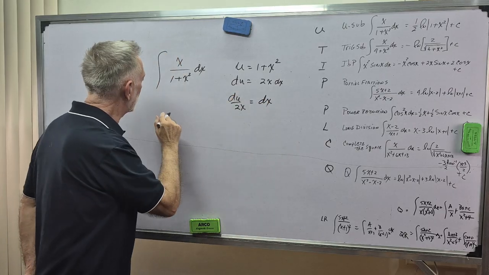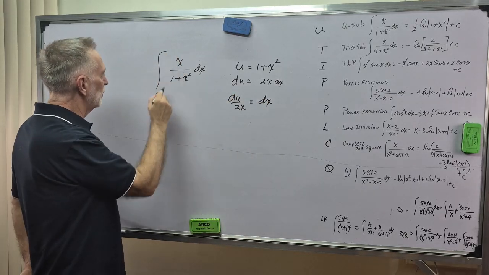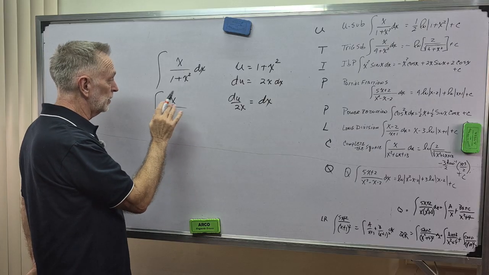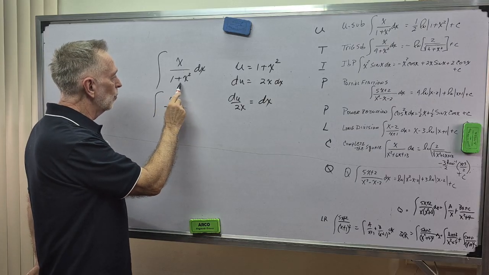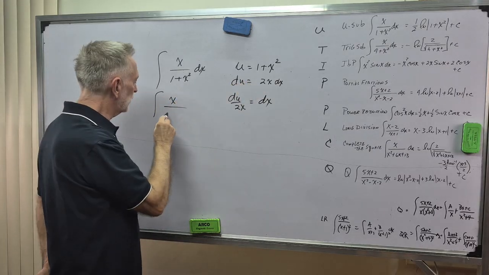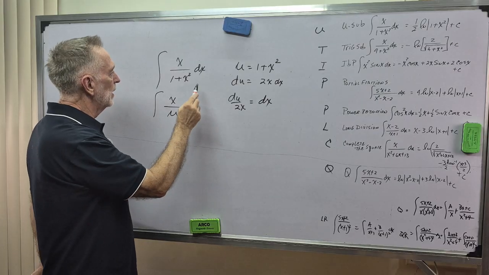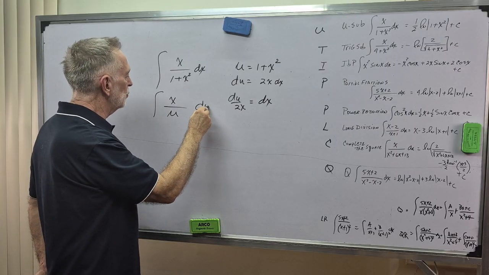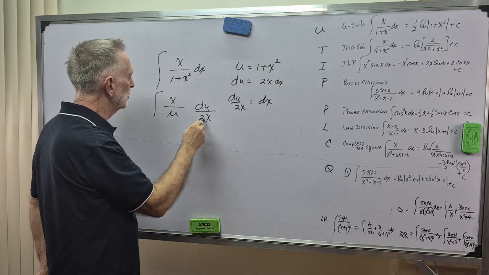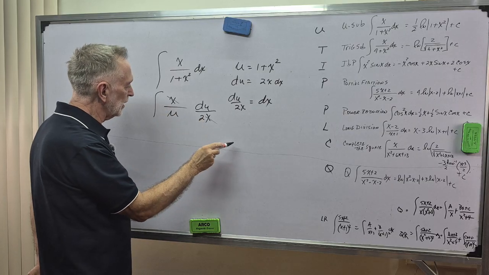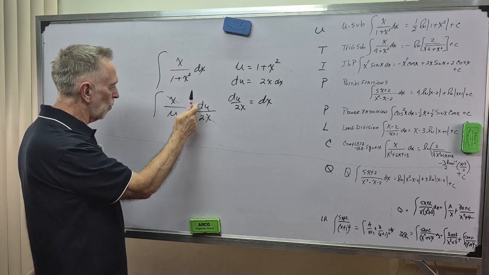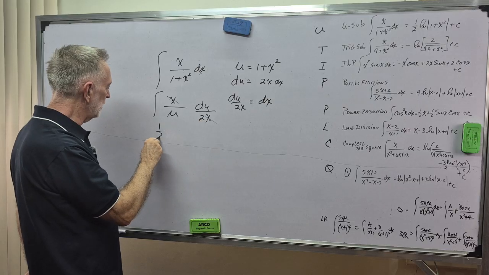So now let's fill in the blanks here. We have the x, we still have that at the moment, over 1 plus x squared, which we said was u. And then dx is du over 2x. The x's cancel. I'm going to take the 1/2 to the outside.